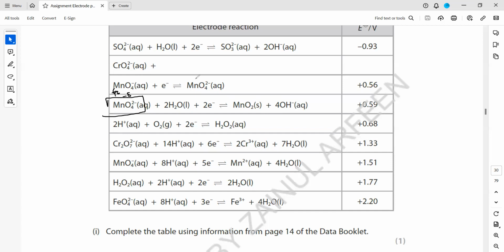And this is also +6. So we want to write a balanced equation between these two. Because here it turned into +4, it is a reduction. And here +6 will turn into +7, so this is oxidation. We want to write a combined equation for this, as the same element is oxidized and reduced.